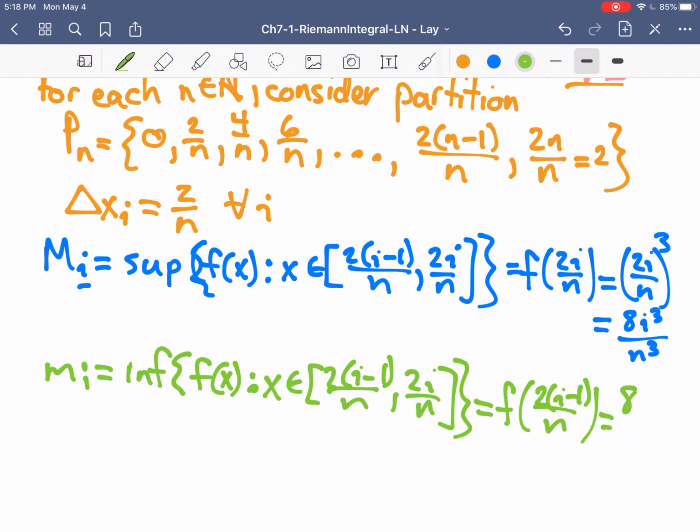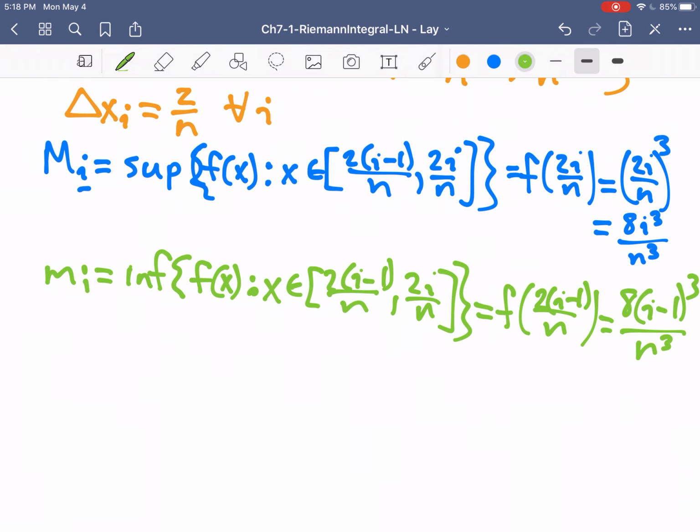So again, we get 8 times I minus 1 cubed over n cubed. So those are the values of capital M sub I and little m sub I.